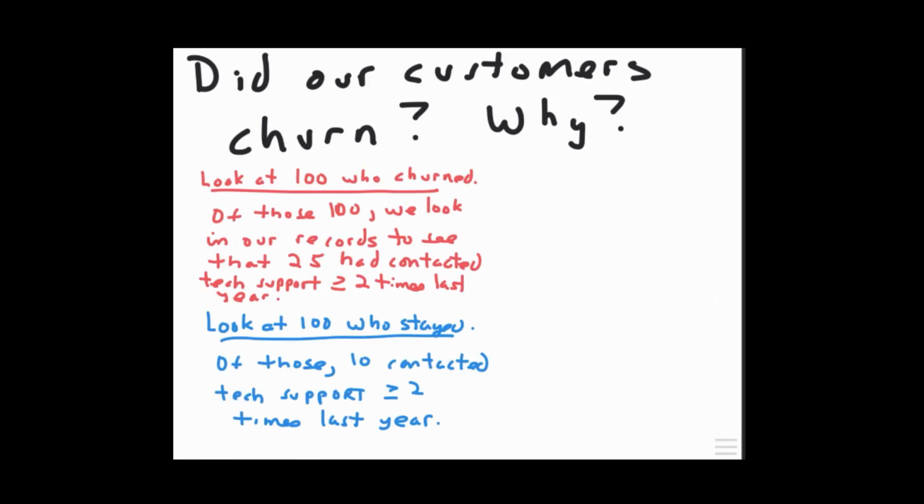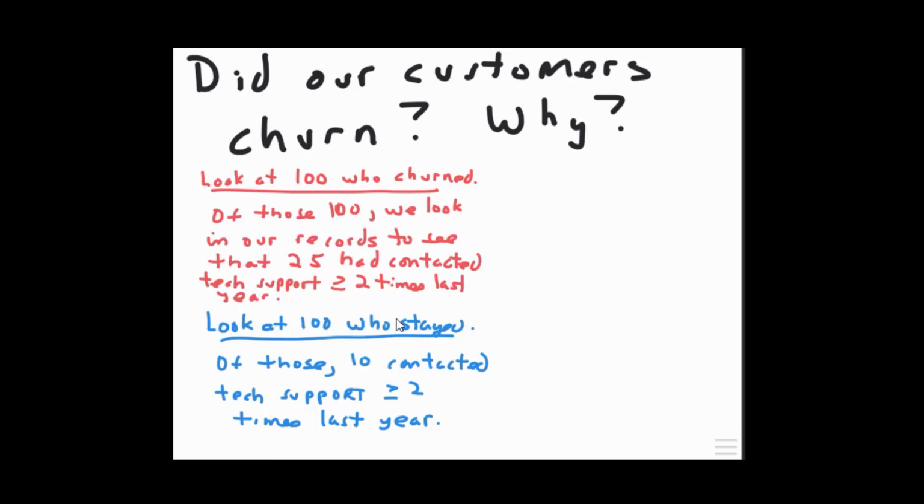Okay, continuing on, again, we were looking at our cases, the 100 who churned, and our controls, the 100 who stayed. Now we're going to go back and look at our records, and we find that of the 100 who churned, 25 of those had contacted tech support greater than or equal to 2 times last year.